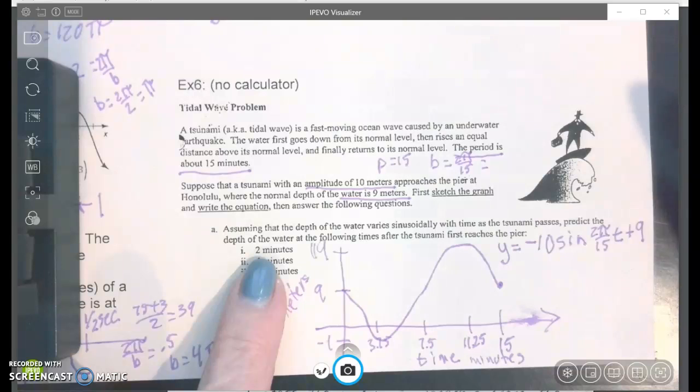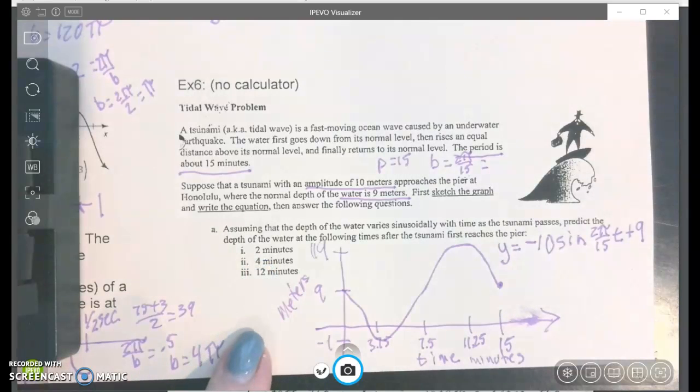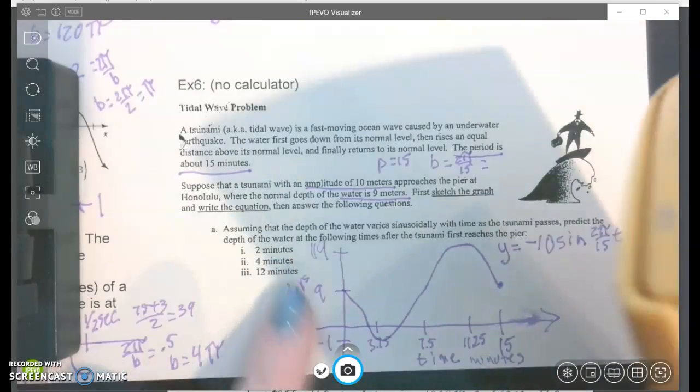Now, looking at these problems right here, assuming that the depth of the water varies sinusoidally with time as the tsunami passes, predict the depth of the water. So now, how do we find it after 2 minutes?